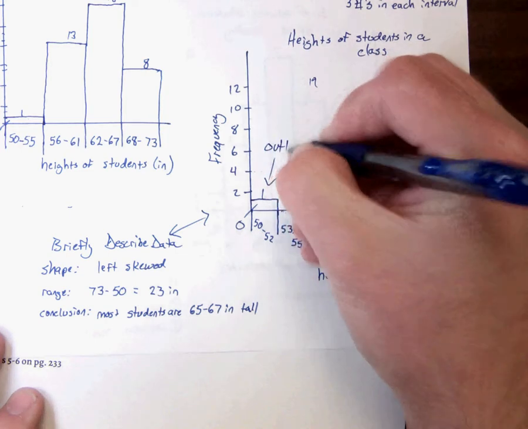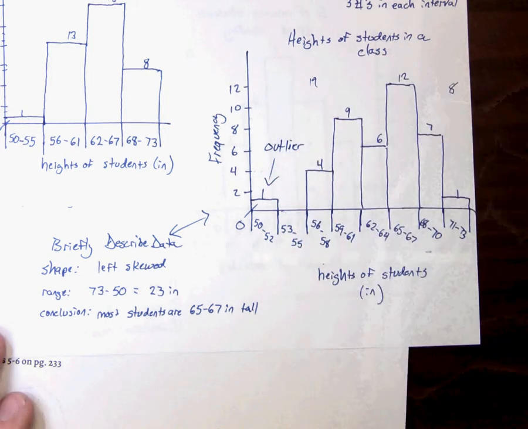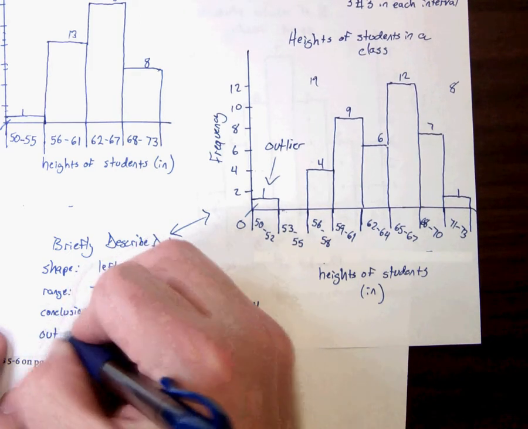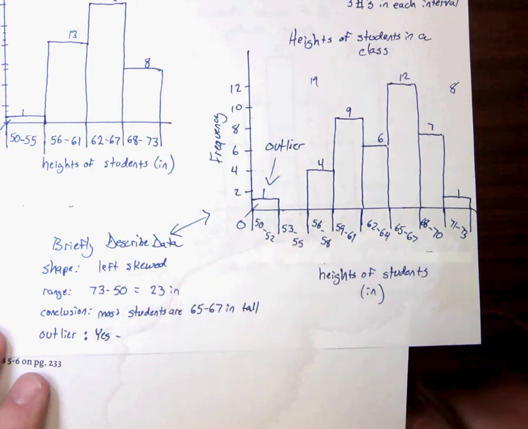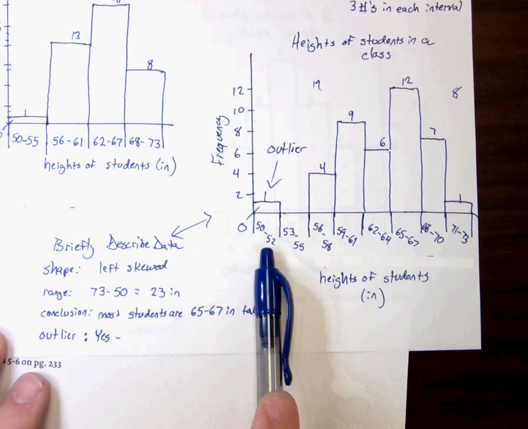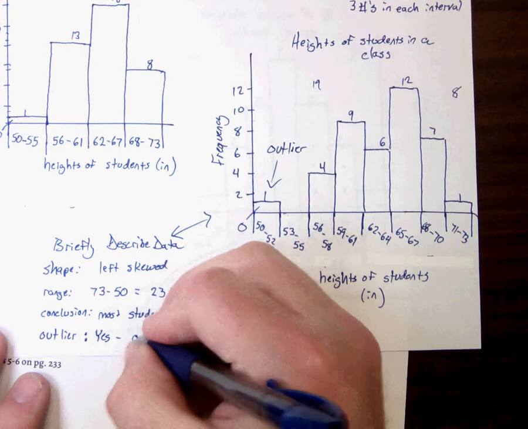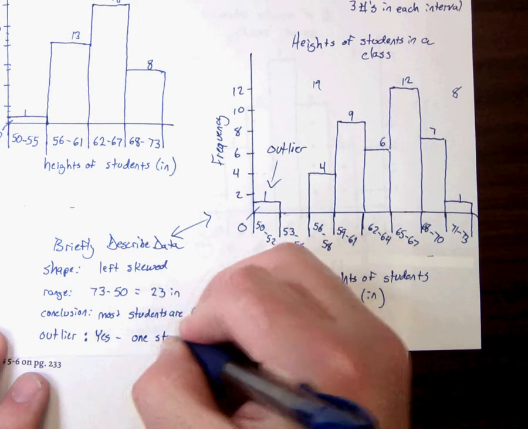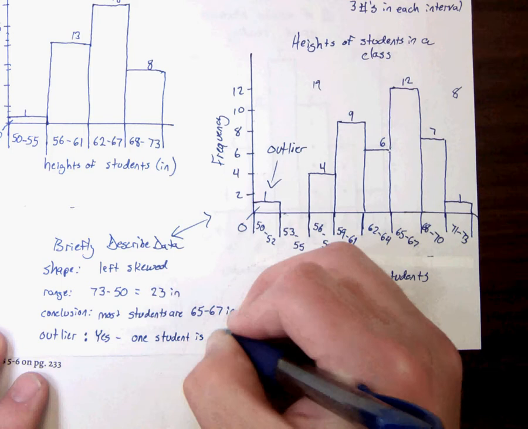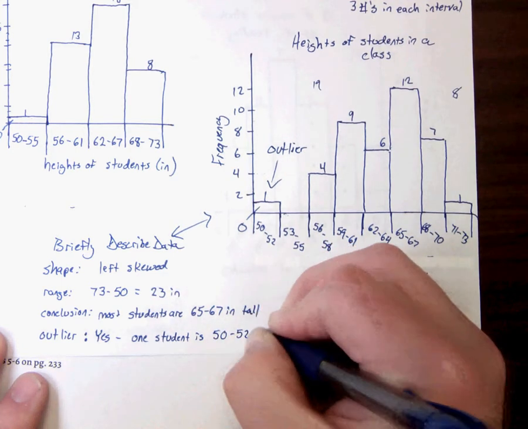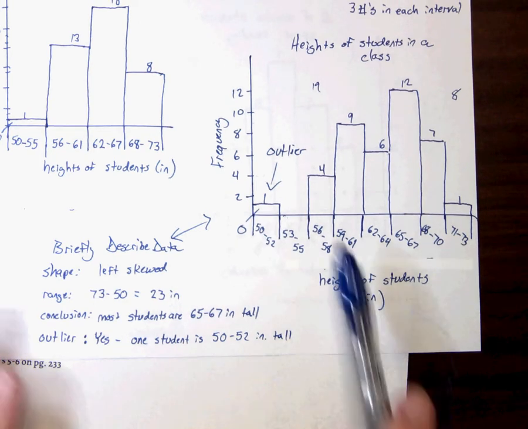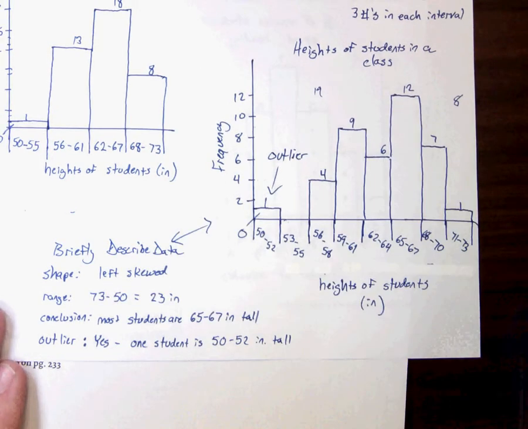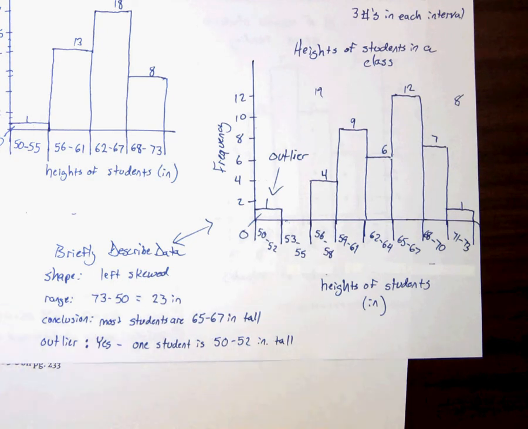So outlier, yes, one student is 50 to 52 inches tall, whereas everyone else is 56 to 73. There's nothing bad with the outlier. It, again, just doesn't fit with everything else. It's rare or just extreme compared to everything else.